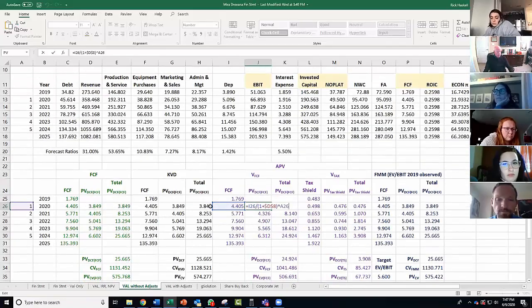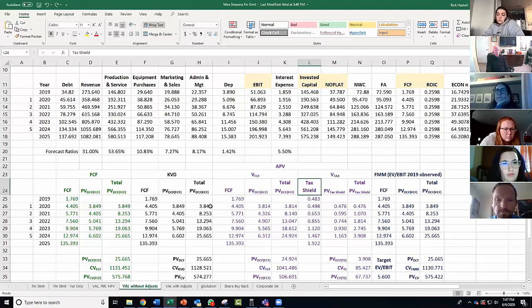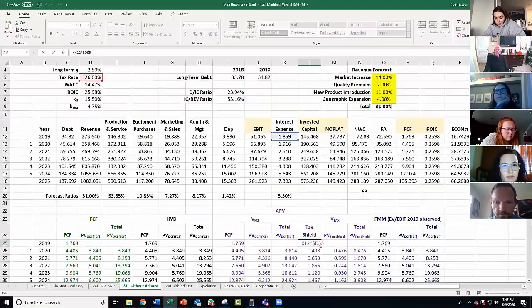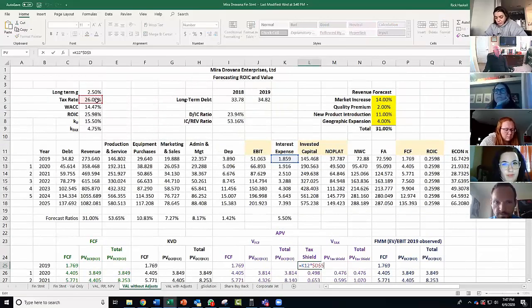And then VFCF, I construct it in my basic multi-columnar form the exact same way, but now my cash flow is the tax shield. And the tax shield is equal to the interest expense. That's what is shielding the taxes, by the way, or shielding me from taxes. The interest expense times the tax rate. That's the tax shield.